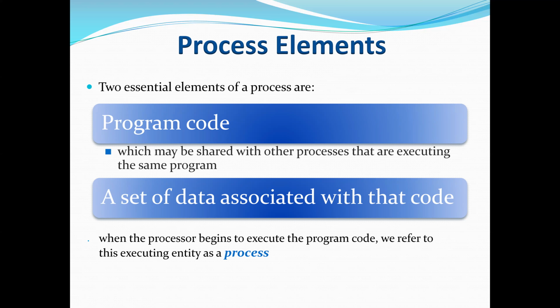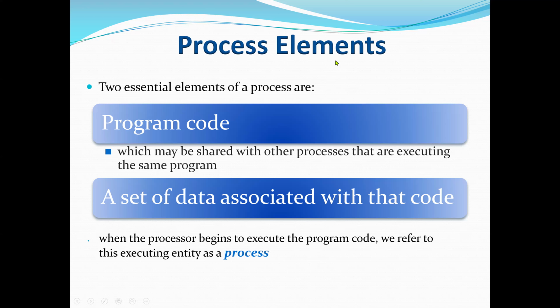We recall from our previous lecture that we suggested several definitions of the term process. We said earlier that a process is a program in execution. Also, a process can be an instance of a program running on a computer. Or it can be the entity that can be assigned to and executed on a processor. Now, the two essential elements of a process are the program code, which may be shared with other processes executing the same program, and a set of data associated with that code.